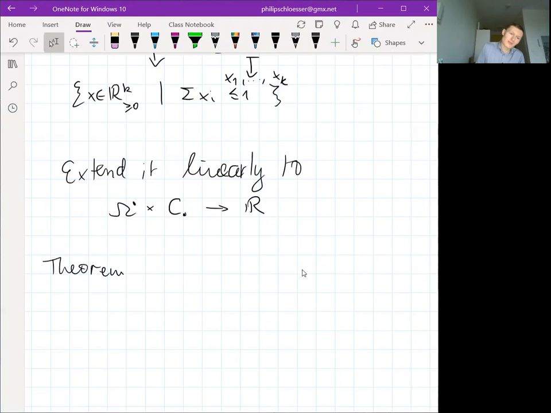And a very important theorem in that respect is the theorem of Stokes, of course, which in this language has a very nice formulation.